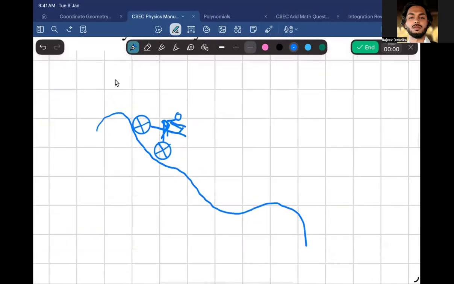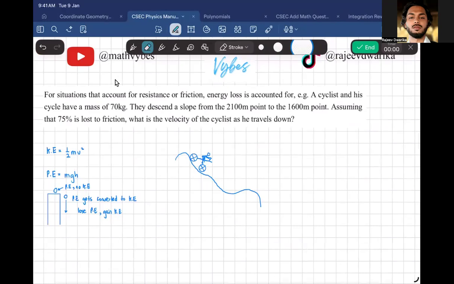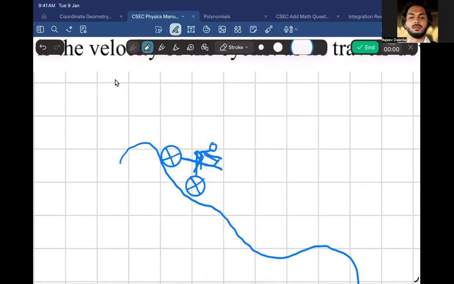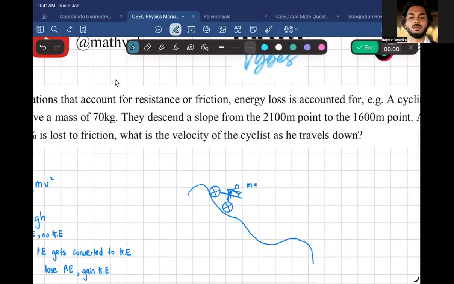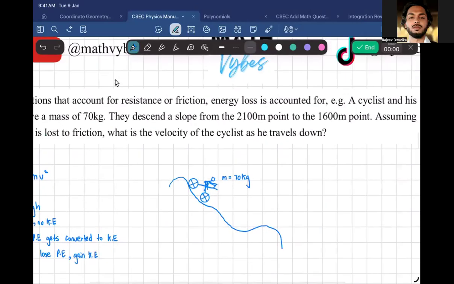All right. So according to the question, Shina, we have a cyclist and they are telling us the mass of the cyclist and the cycle. So altogether, what is the mass of both of them? 70 kg. And where are they right now? What height from the ground, if we call this the ground?